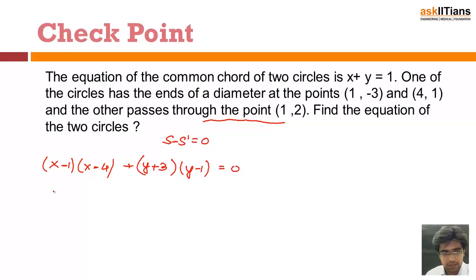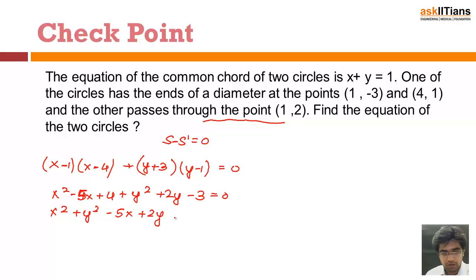That means x square minus 5x plus 4 plus y square plus 2y minus 3 is equal to 0. That means x square plus y square minus 5x plus 2y plus 1 is equal to 0. This is the equation of the given circle whose diametric points we know.